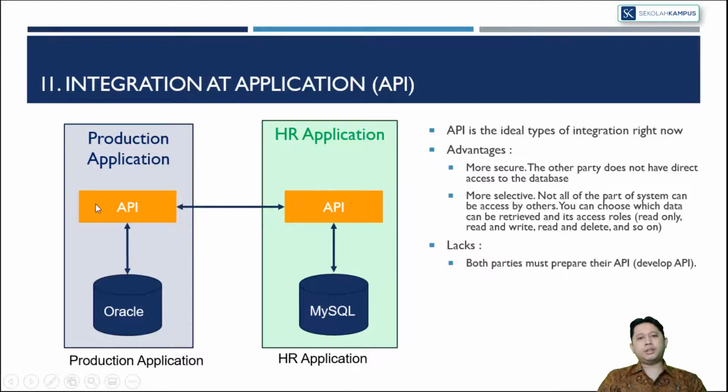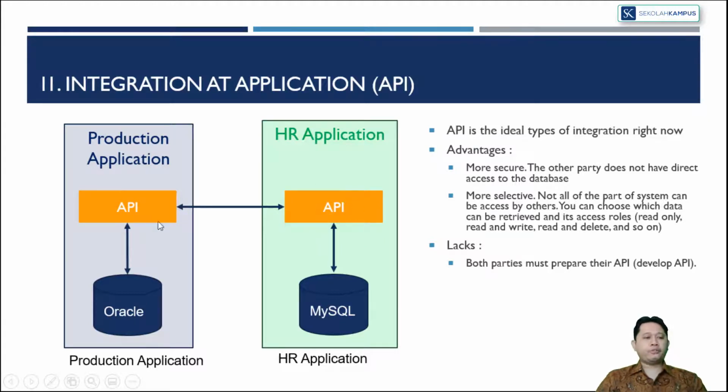But in some cases, the API may have access rights to write, modify, or delete. However, the API has a drawback: both parties, even the protection application and the HR application, must prepare their API, whether for the consumer, the reader, or the data producer.